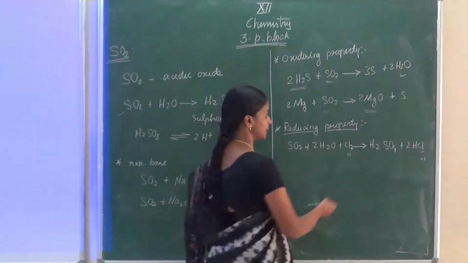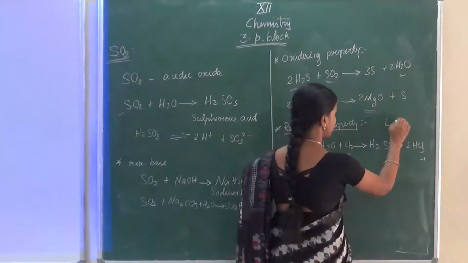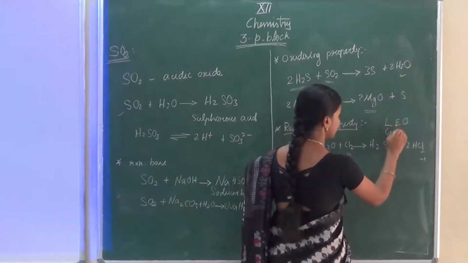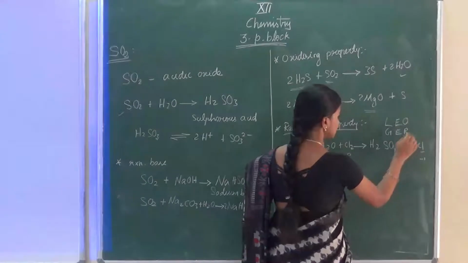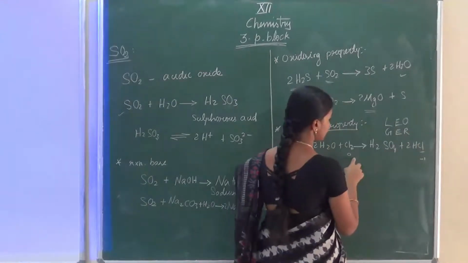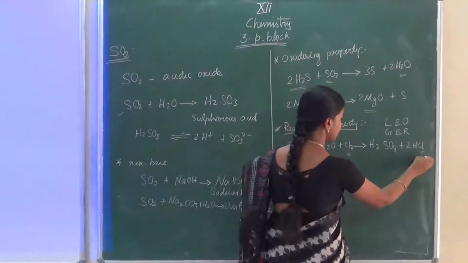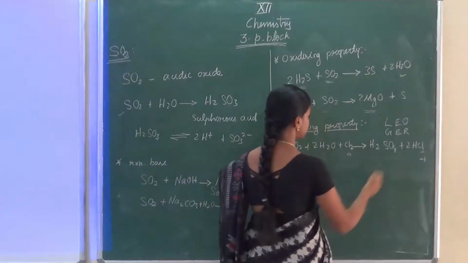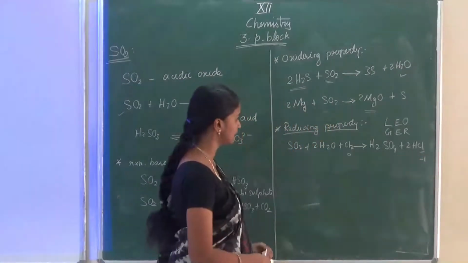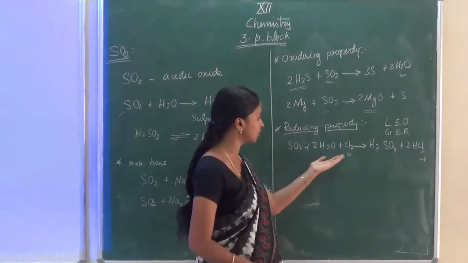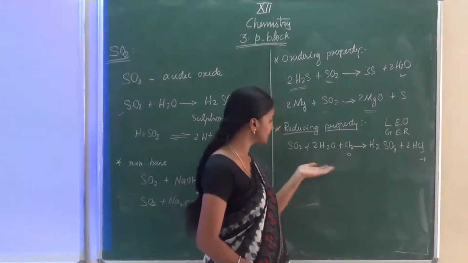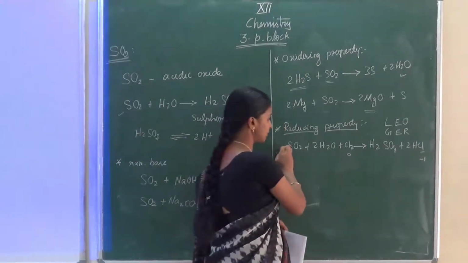Do you remember, loss of electron is oxidation, gain of electron is reduction. So here electron is gained and it is converted into -1, so a reduction process is taking place. Who made this process take place? Who helped here? Sulfur dioxide.